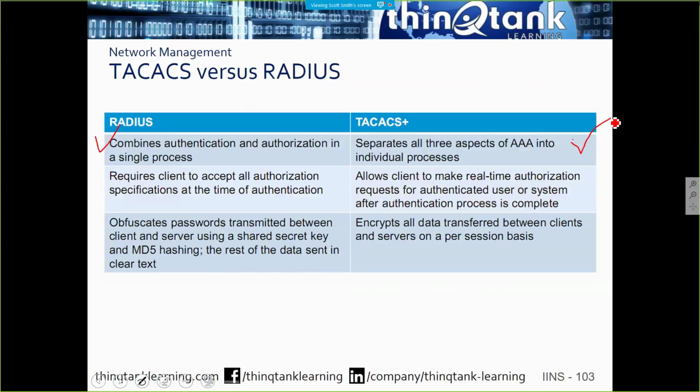Then the TACACS server will respond with, yes, you can do that. The client does it. Another function, we go back to the server and say, can the client do this function? So the authorization essentially happens in real time, as opposed to sending the entire authorization profile once the client's been authenticated.